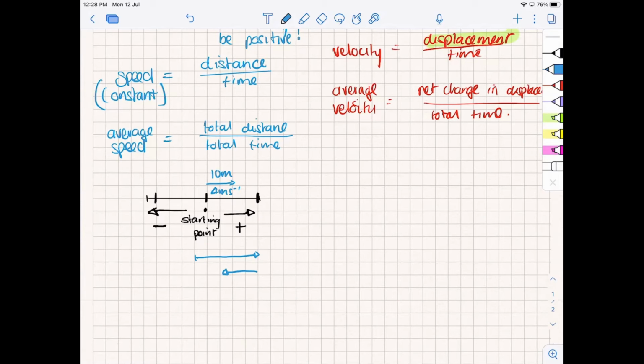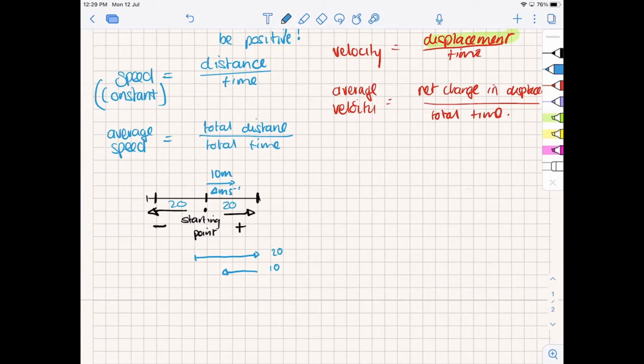Not displacement, what's the total distance that he's run? 30, yeah, he's run 20 meters to the end, right? So this is 20 meters and 20 meters, right? So he's run 20 meters to the one end and he's run 10 meters back. He hasn't quite made it back to the starting position, right? He's kind of halfway there.